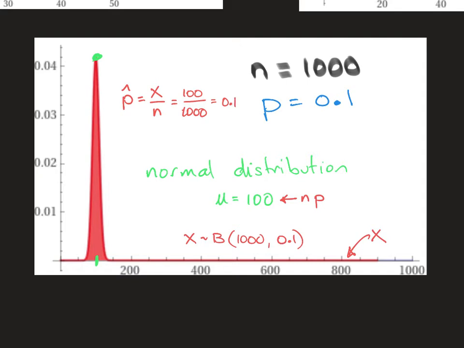So our expected value for p hat is p, and that is our mean for our underlying normal distribution. Let me put this down here for you.